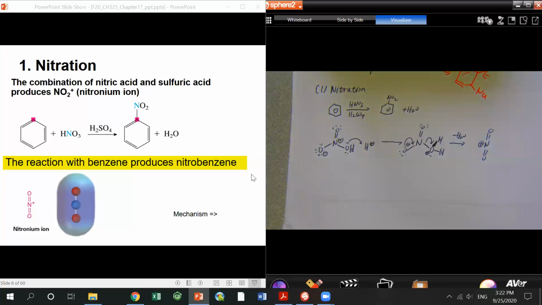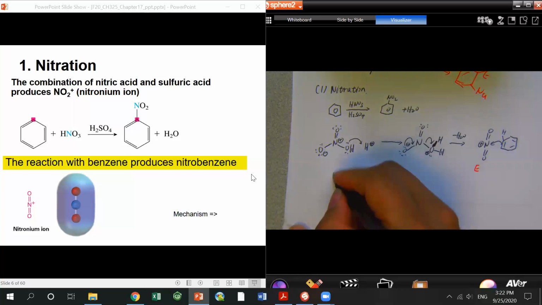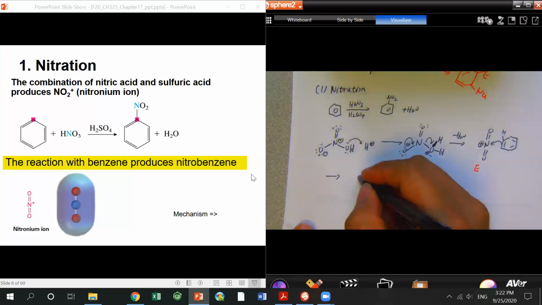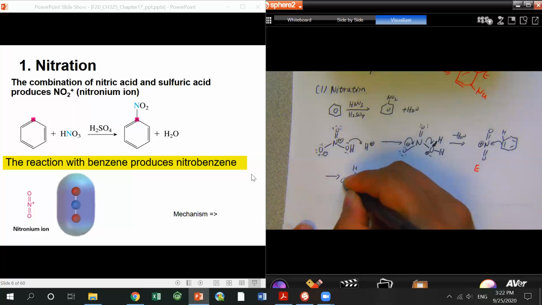So that's the electrophile, and this one will react with benzene. Benzene opens one of the pi bonds, assuming we still use this hydrogen. And then we put NO2 on the benzene ring.